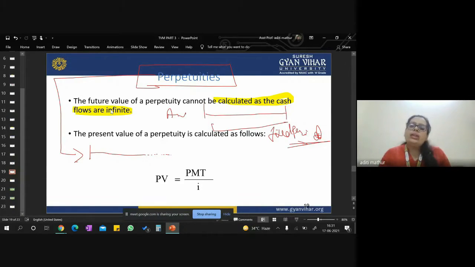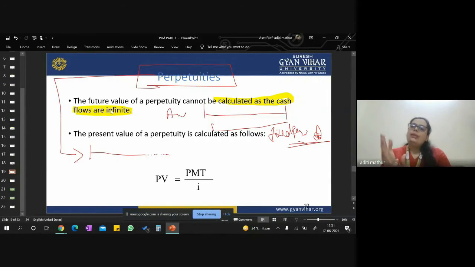Ma'am, do we have such types of things in reality? Do we see such situations where we are going to get an amount for infinity? Yes, there are many. One example which you might relate to is the retirement plan. There are many retirement plans in which, till the age of retirement, you pay a certain amount of money.